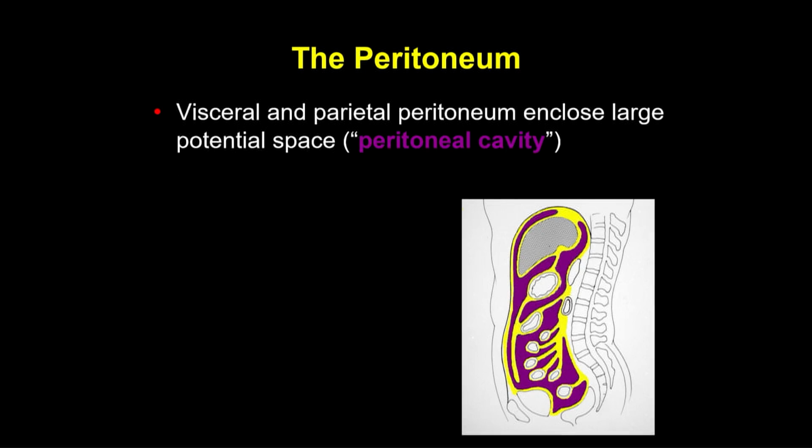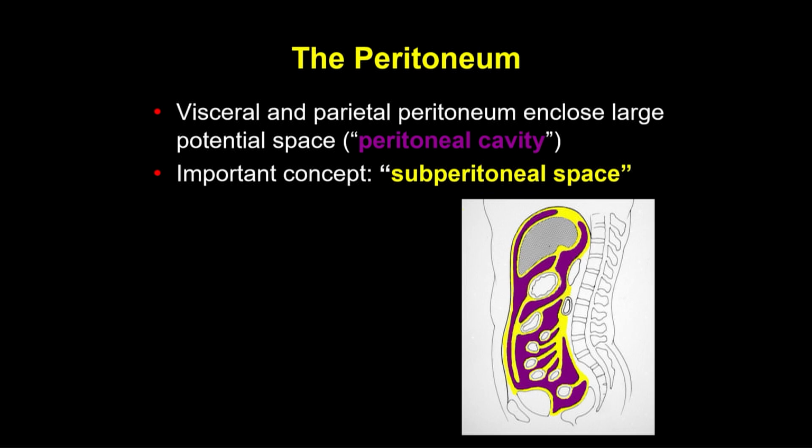So just to start out, what is the peritoneum? Well, it's this enclosure of the abdomen. As we know, there's the visceral and parietal layers that wrap all the way around, and it encases this potential space, the peritoneal cavity, which I've put in purple here. But it's really this yellow area that I want to focus on, the subperitoneal space that is deep to that mesothelial lining.